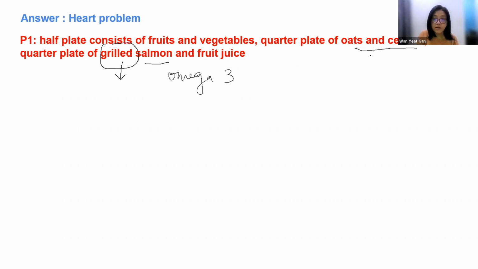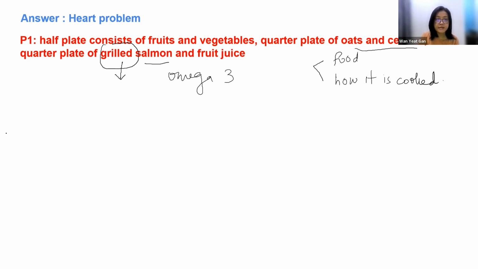So the thing you have to look into this question is that make sure you not only suggest the food, okay, the food that is suitable for the patient, but also the way it is cooked. Okay, how is it cooked? Because the way it is cooked is going to determine whether it's suitable for the patient or not.